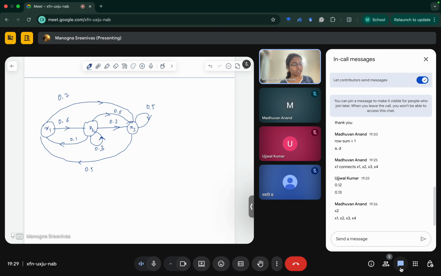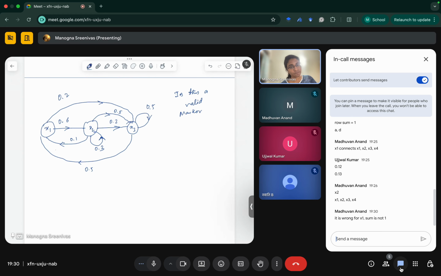By looking at them, can you say are these correct? It's wrong for x1. It doesn't sum to 1. 0.2 and 0.6. I have only 2 now. What about x2?